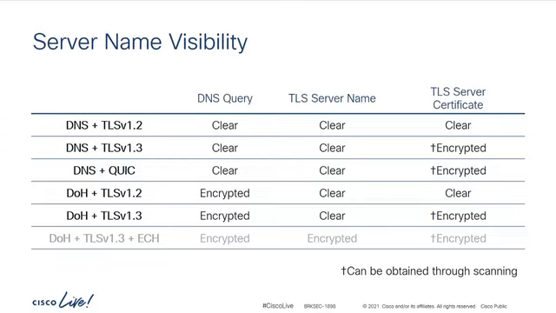And similarly, the server name column in the middle indicates that in all of the cases that are widely deployed, the TLS server name is in the clear. And on the right, we have the TLS server certificate, which is the digital certificate that authenticates the server.